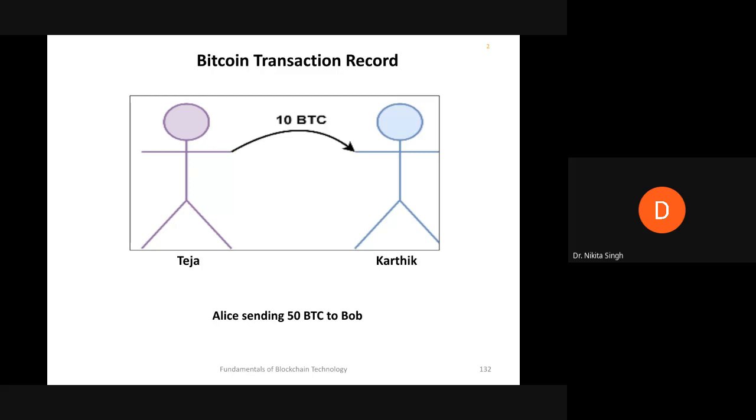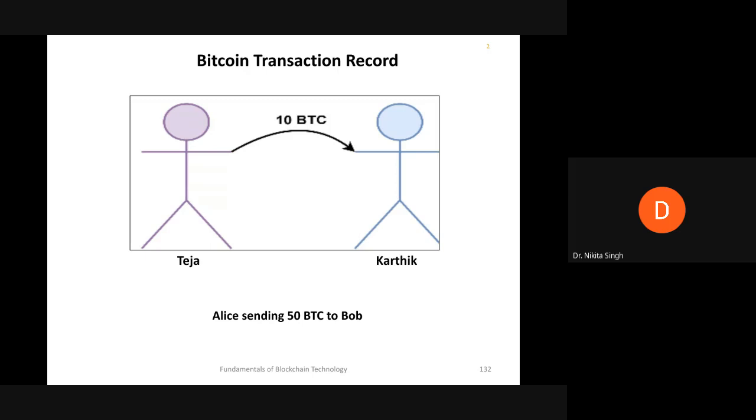So the transaction tells the network that the owner of a certain number of bitcoins has given the authority to transfer those bitcoins to another owner. And the new owner can now spend these bitcoins by creating another transaction that authorizes the transfer of bitcoins to another owner. So here what we are doing is we are creating a chain of ownership.